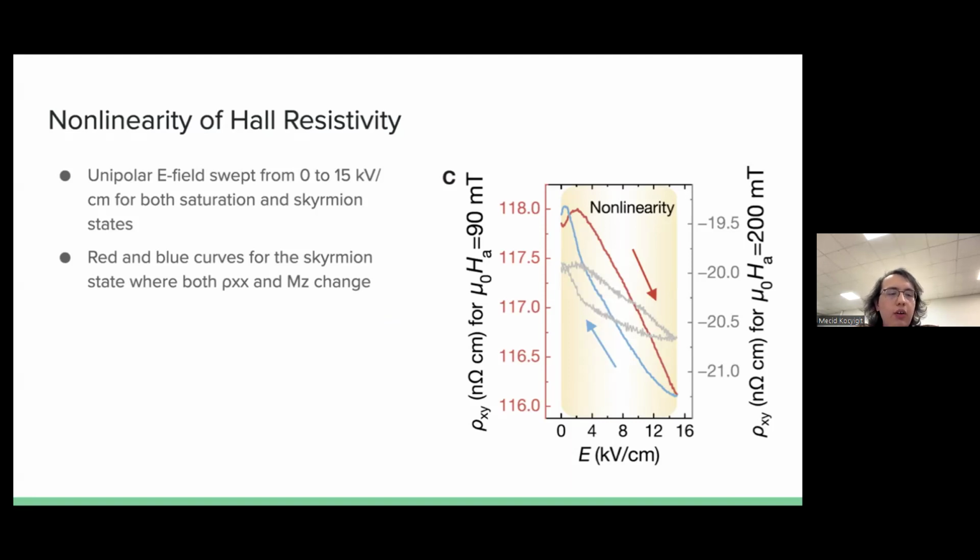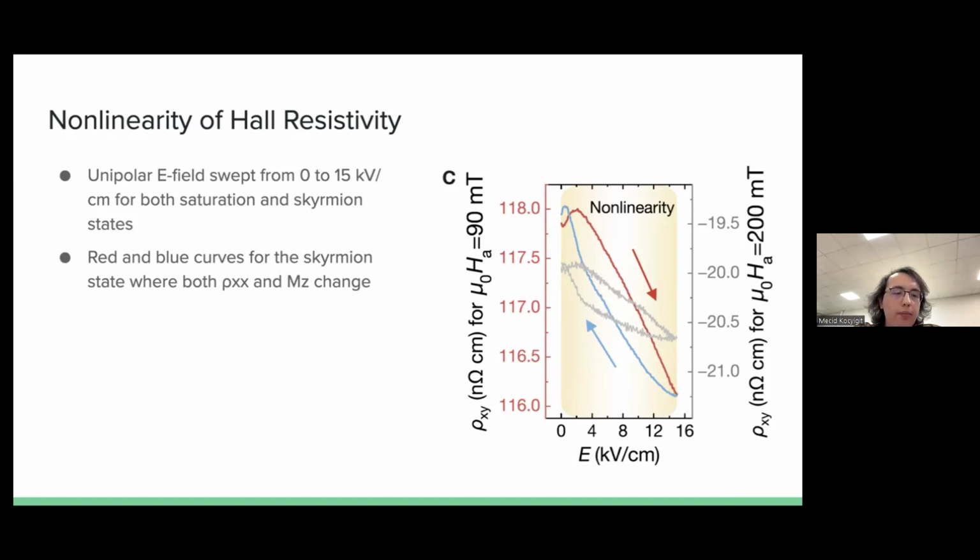The gray curve in this figure shows again a nonlinear rho xy variation, but this time at saturation magnetic state. Meaning that it is at external magnetic field equals 200 milliteslas, where the only change is the change in the longitudinal resistivity with electric field.